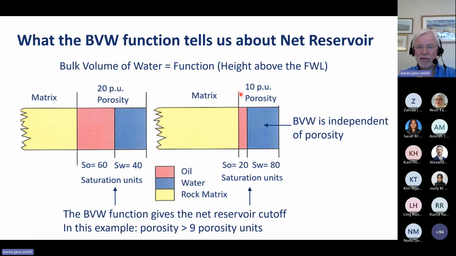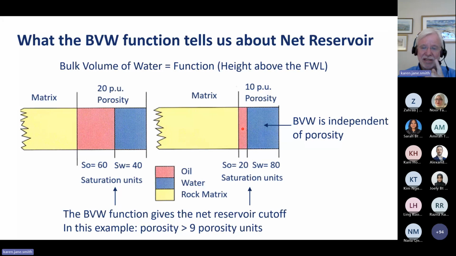And as you'll see from the mathematics later, BVW is independent of the porosity and is the same everywhere at that depth in the reservoir. So where we've got 20 porosity units of rock, this is the water here and the hydrocarbon. But as the porosity decreases, the BVW stays the same, and the hydrocarbon decreases.